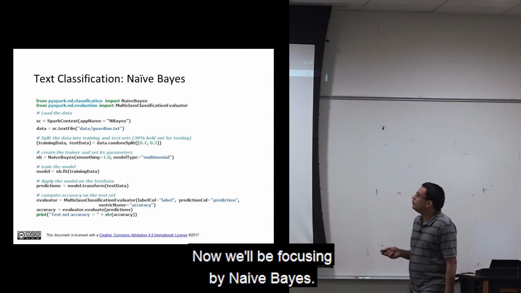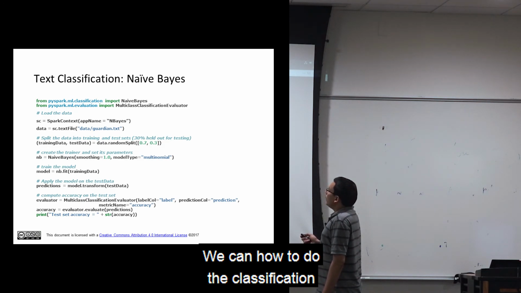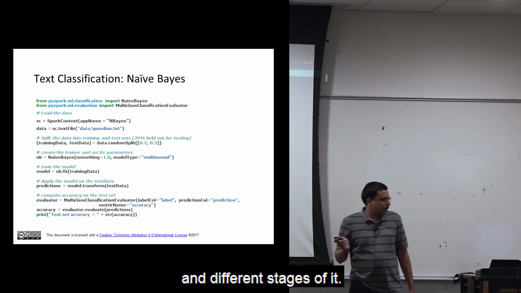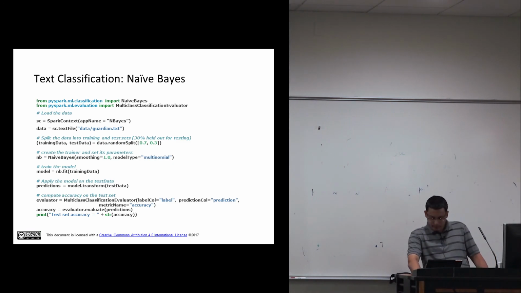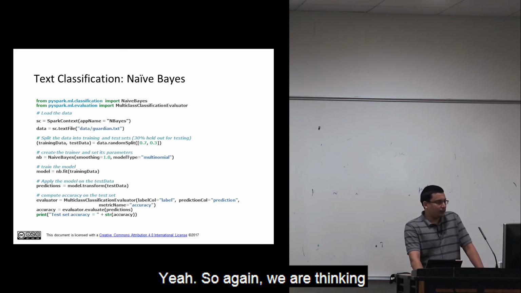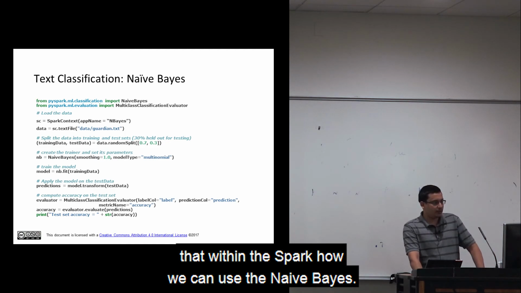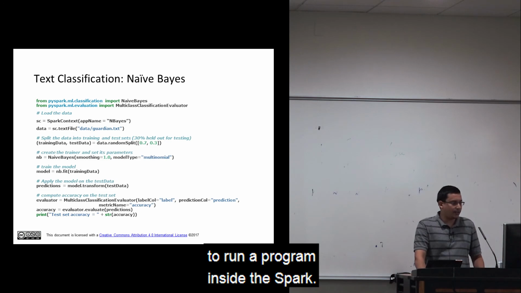Now, we will be focusing on naive Bayes, how to do the classification and the different stages of it. Again, we are thinking of how we can use naive Bayes within Spark. So, we have to create the Spark context first to run a program inside Spark.